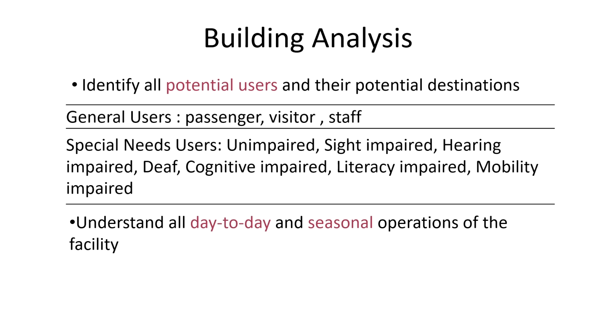Let's go to the building analysis now. While planning a wayfinding and signage system for a building, several critical steps must be undertaken to ensure effectiveness and usability for both normal users, which is the general public, and special needs users.